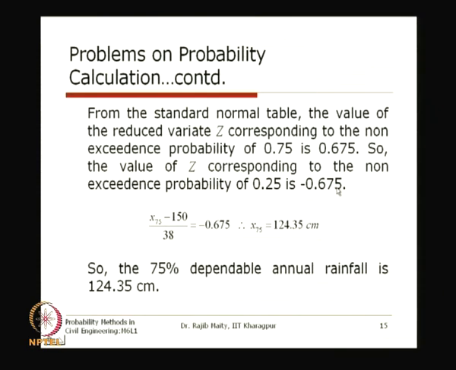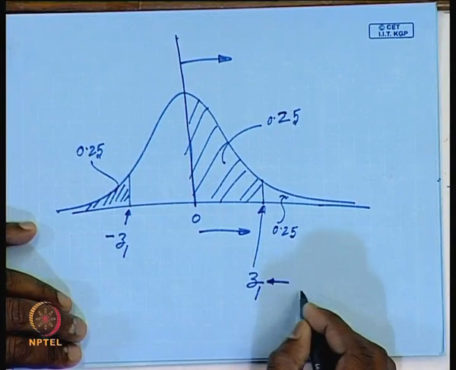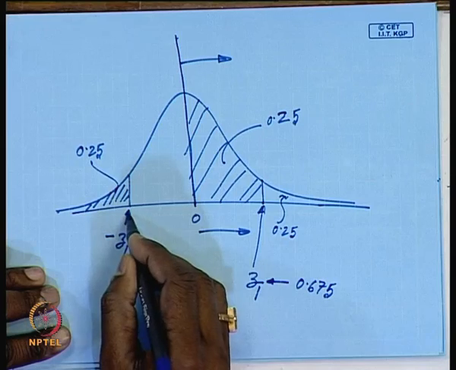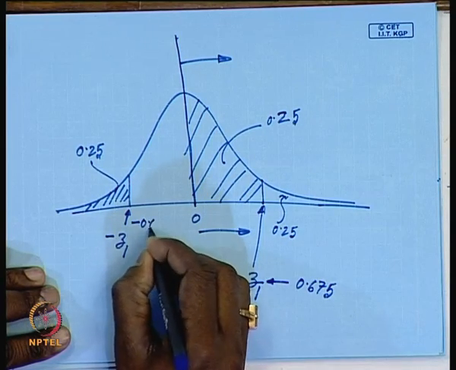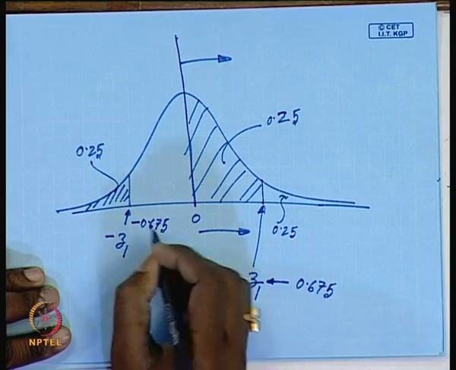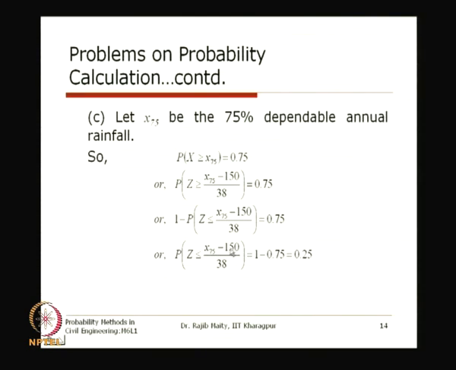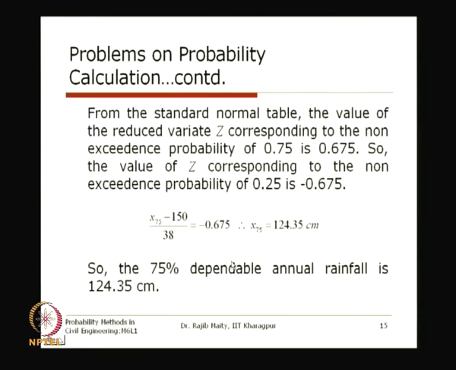The z1 we are referring to here is 0.675 in the table, so the value we are referring to is minus 0.675. Now this is the reduced variate z, which we saw earlier is (x75 minus 150) by 38, and this probability is equal to 0.25. That means this value, which is nothing but z, is equal to minus 0.675.